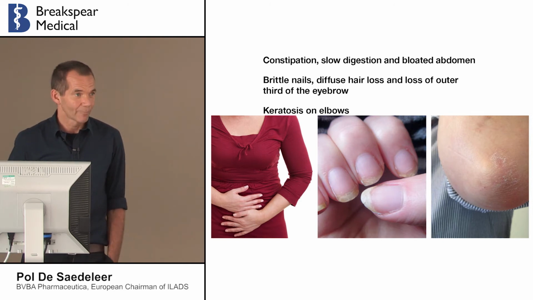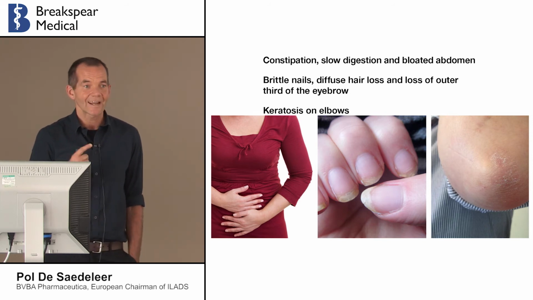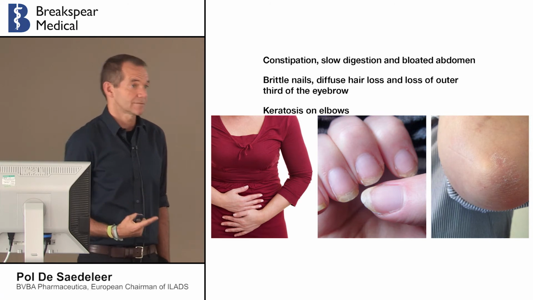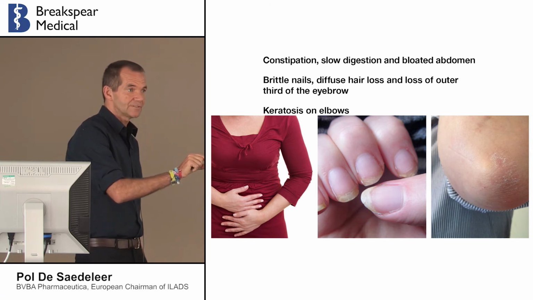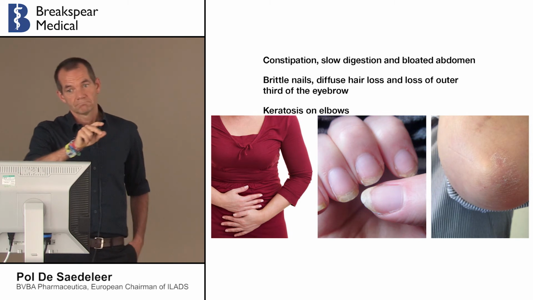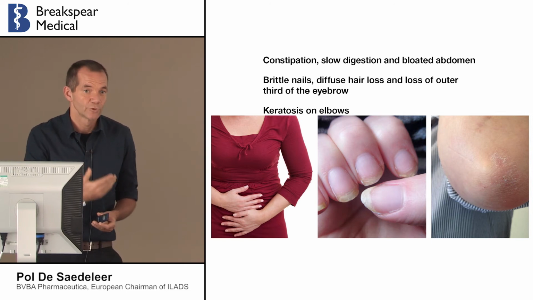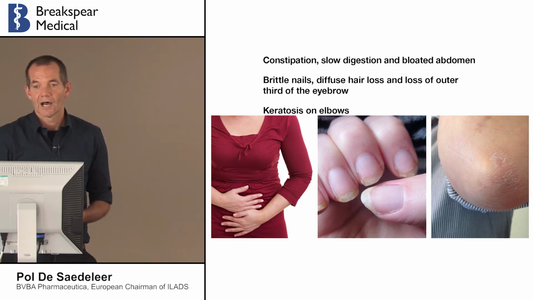Constipation, very common in poor thyroid activity because T3, the active thyroid hormone, activates the release of stomach acid. So if we have poor thyroid activity, we will have a deficiency in stomach acid, poor digestion and constipation, very common in hypothyroidism.